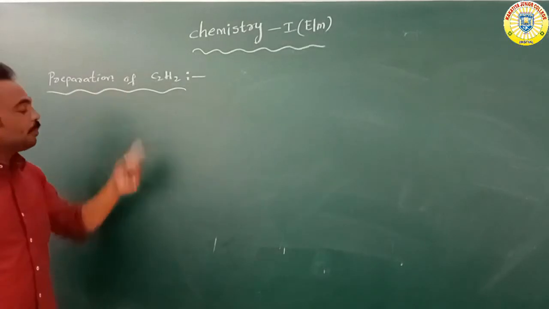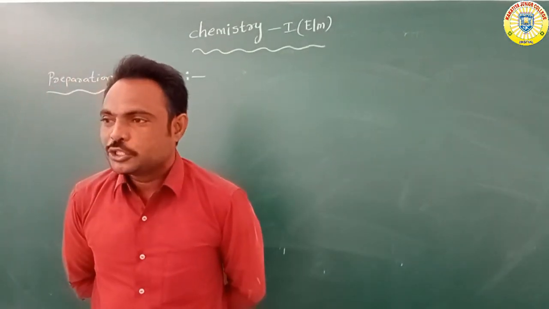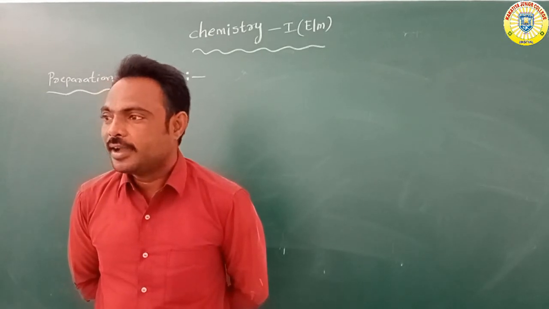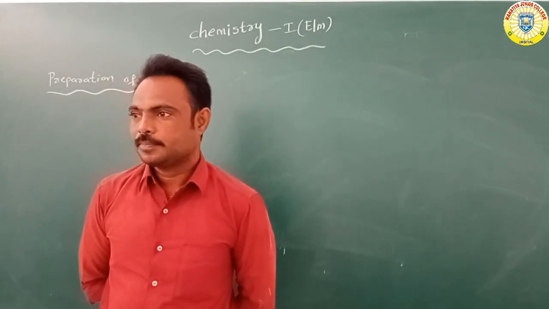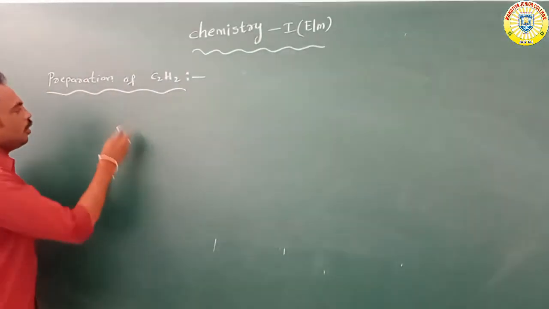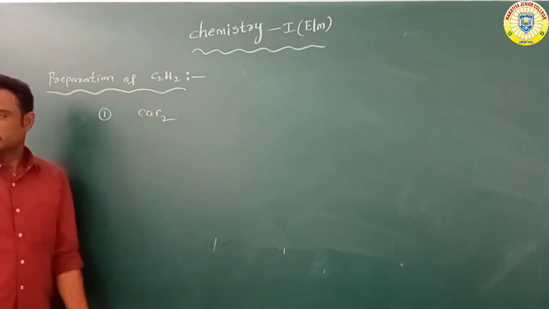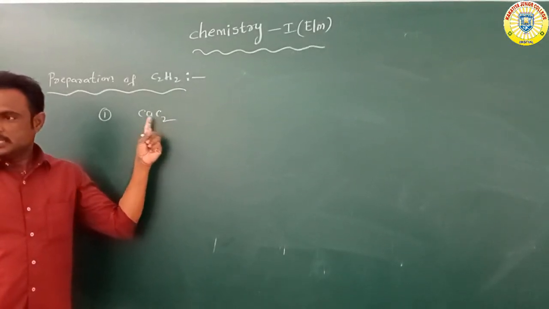So now, preparation of acetylene. C2H2 means ethyne or acetylene. Suppose for example we have taken CaC2. Ca means calcium.